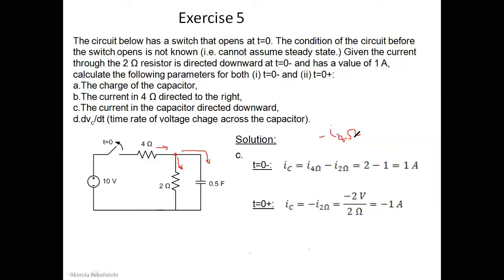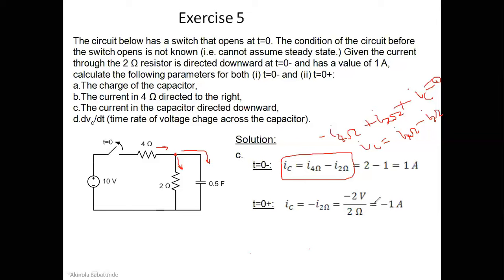So we have I4 ohms plus I2 ohms, right, plus, because these are leaving that node, I current across the capacitor, addition of everything must be equal to 0. If you rearrange this, you find that your IC will be equal to I4 ohms minus I2 ohms. And that's exactly how we got this IC equal to I4 ohms minus I2 ohms.